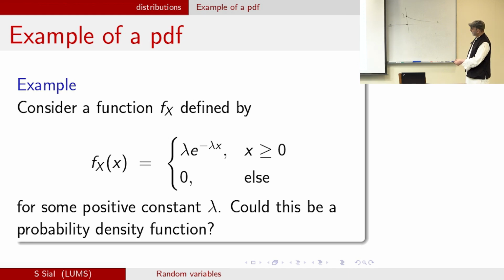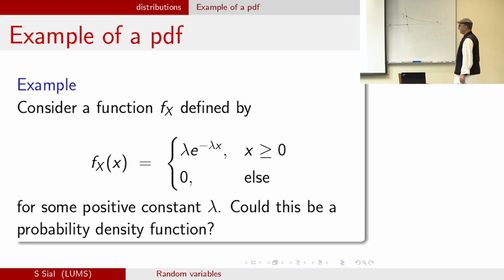Okay, so this set of outputs is greater than 0, and an exponential function is never 0 or negative, right? And lambda is positive. So that works. The other thing that you want is that if you integrate this from minus infinity to infinity, you will get 1.